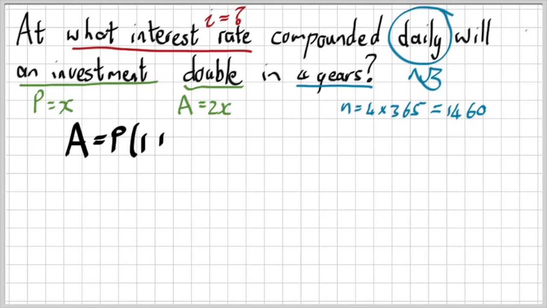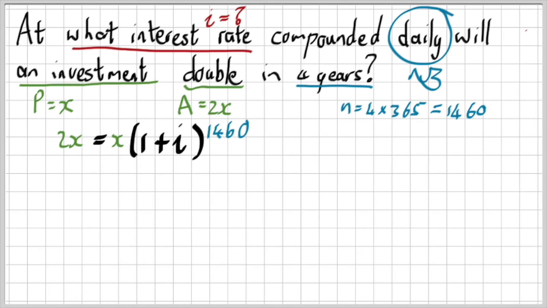So going to my trusty formula, I'm going to substitute these values in for A and for P first of all, and then I'm going to substitute the n in as well. Now please understand that the i value is compounded daily because I have my n being 1460.